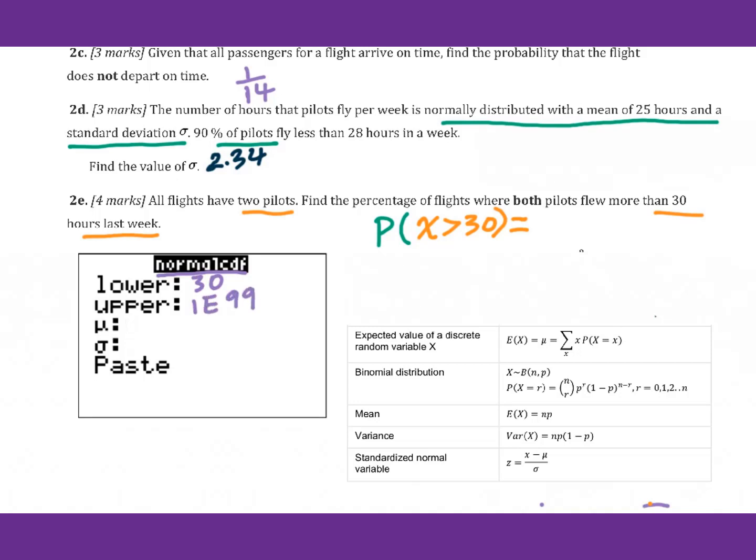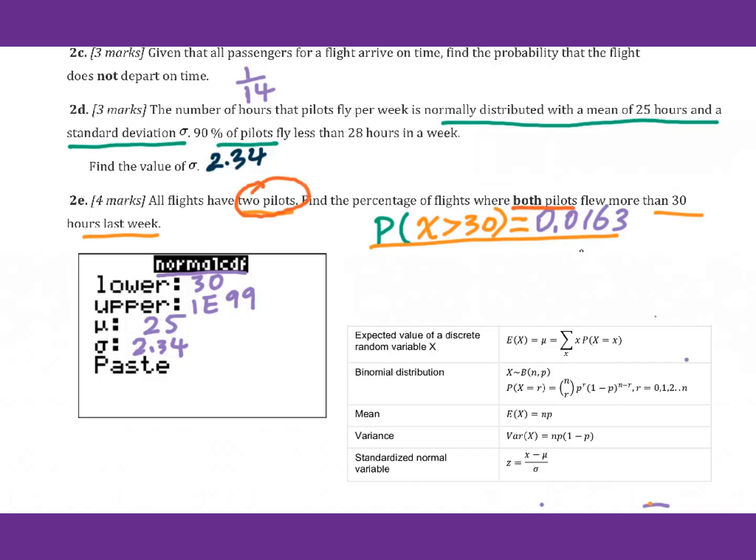The standard deviation we already figured out is 2.34 and the mean is 25. You will get a probability from the graphing calculator of 0.0163. This is for 1 pilot, but we're looking for 2.